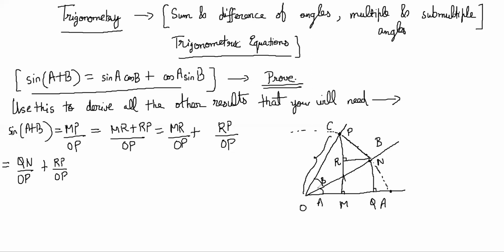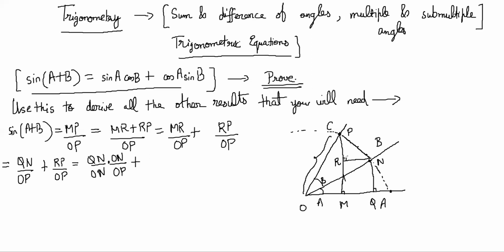But QN by OP is there, so I need to make it one triangle. I can do QN by ON into ON by OP. It's the same thing if you multiply and divide by ON. So plus RP by OP.